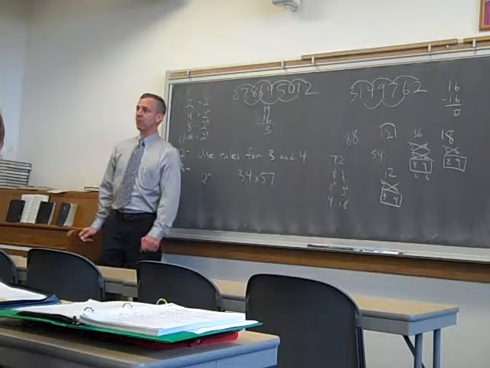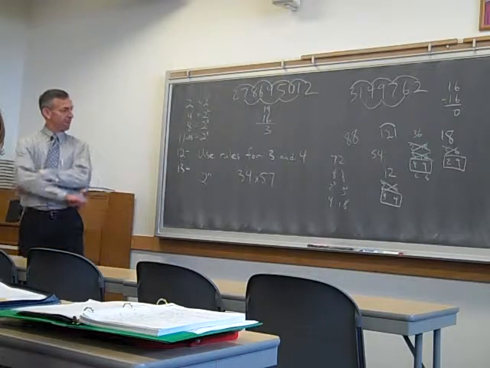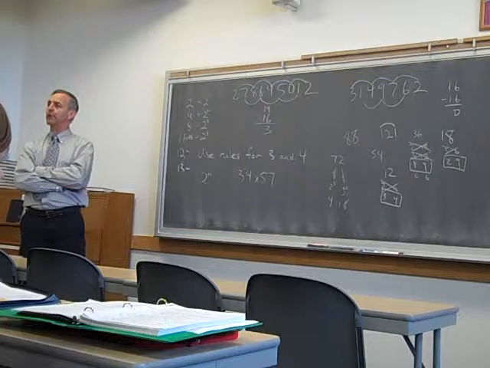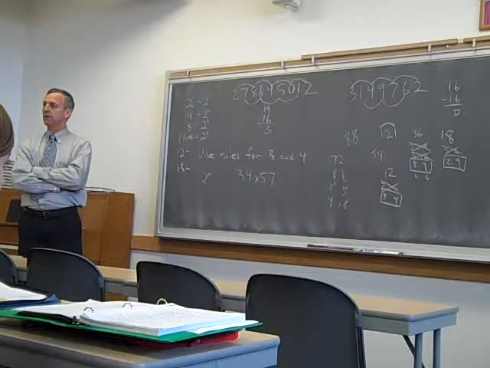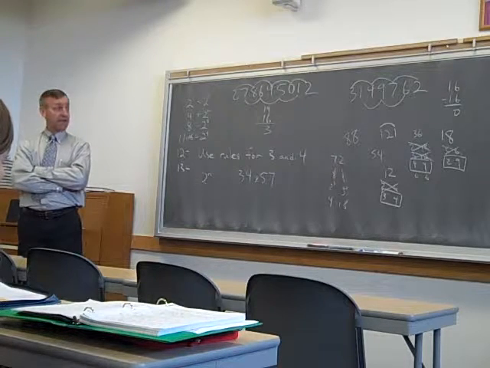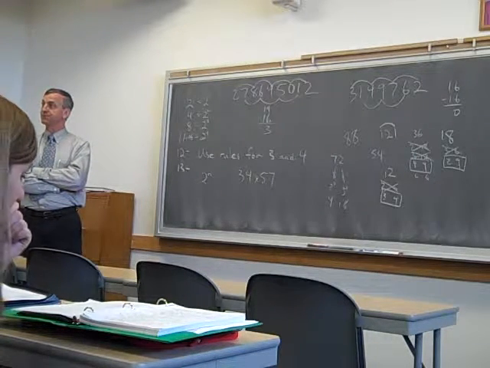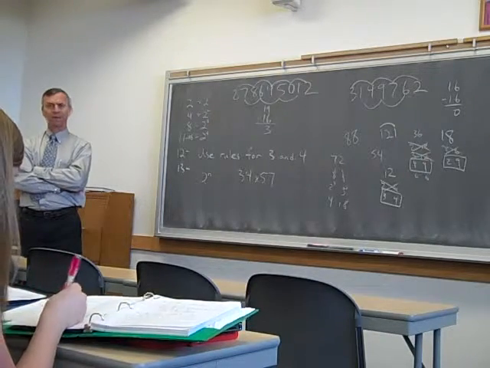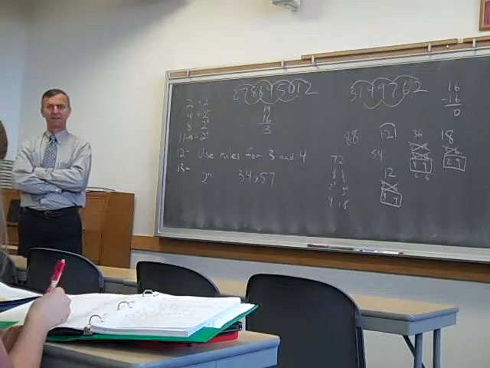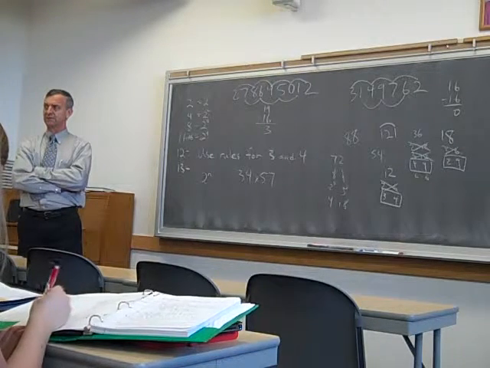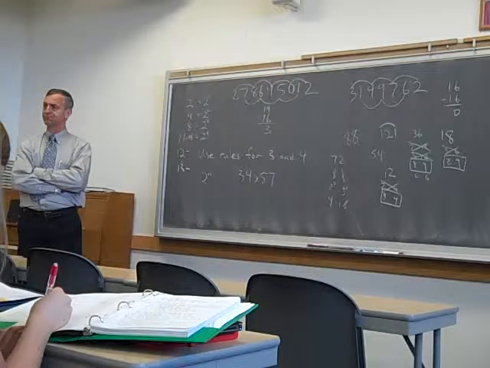This 5-digit number is divisible by 3. What digit or digits might x be so that this is divisible by 3? How do you do a problem like this? What's the fastest way to do it?